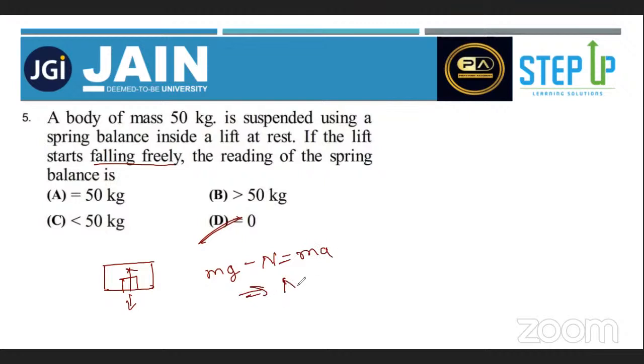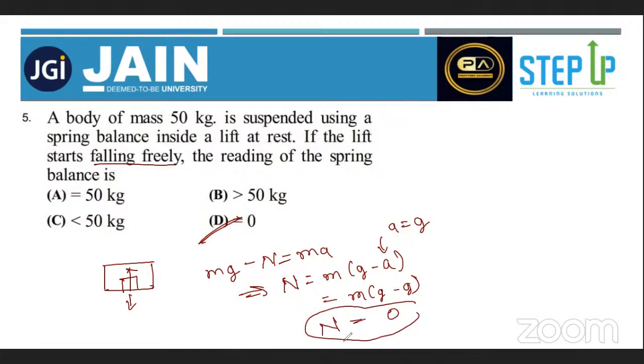So the normal force is given by m(g minus a), and since it is free falling, a becomes equal to g. So it will be g minus g, which gives the answer 0. So N is equal to 0. This normal force is what is measured as weight.